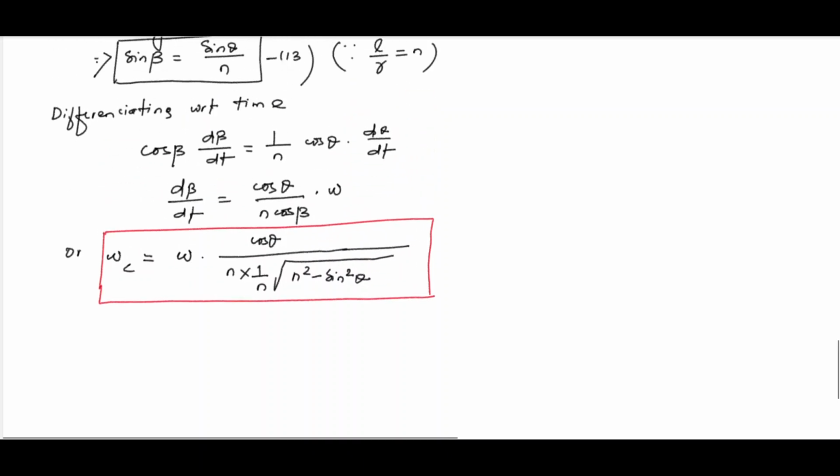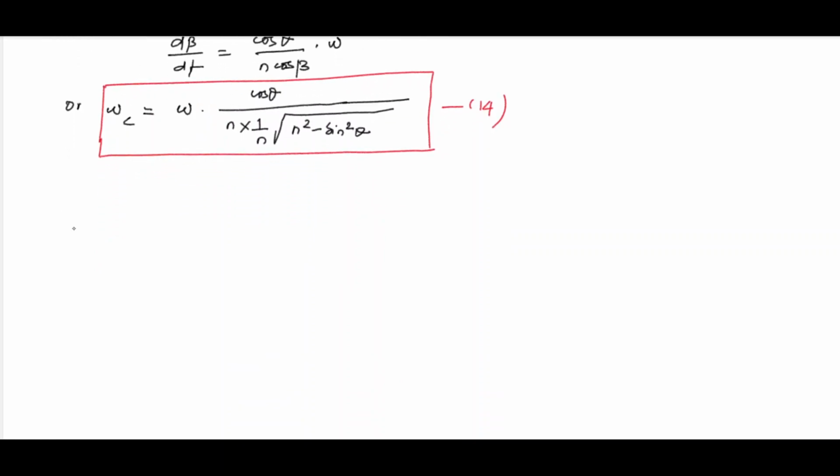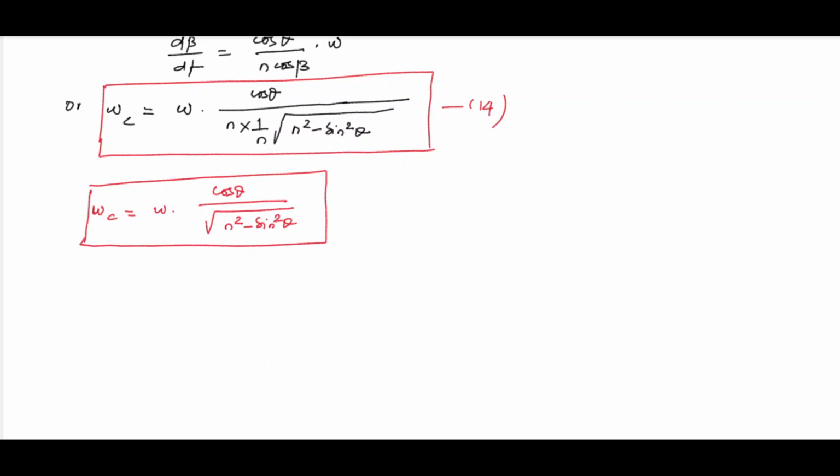Let's say this is 14, or this omega c can be further simplified as omega c is equal to omega times cos theta divided by root over of n square minus sin square theta. Okay, let's say this is the final equation. So this is equation 14.